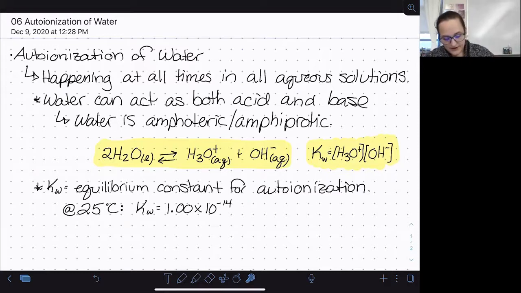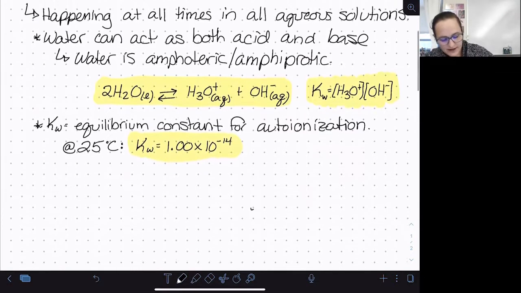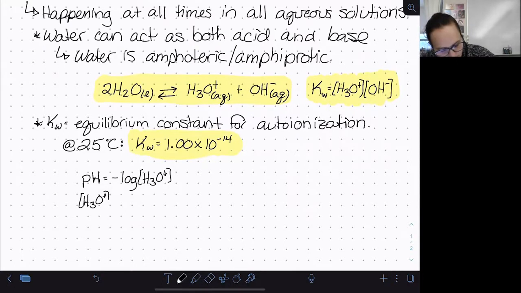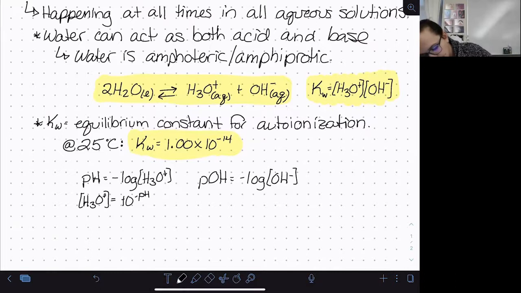So if we take this in conjunction with the equations we talked about last time, that we have pH is equal to the negative log of the hydronium concentration, or hydronium is 10 to the minus pH. pOH is negative log of hydroxide, or hydroxide is 10 to the minus pOH.